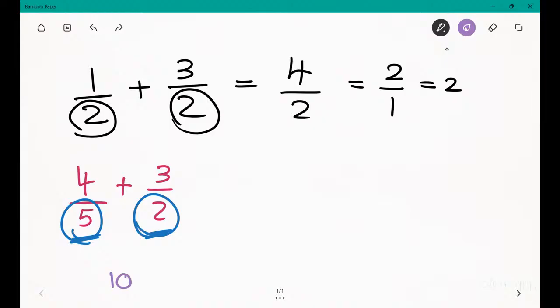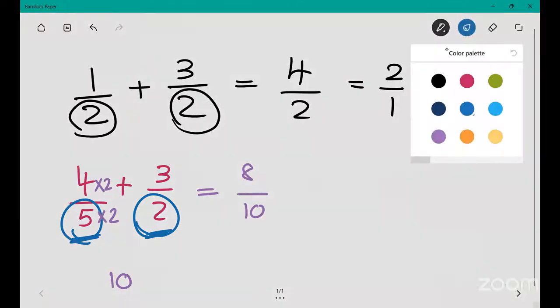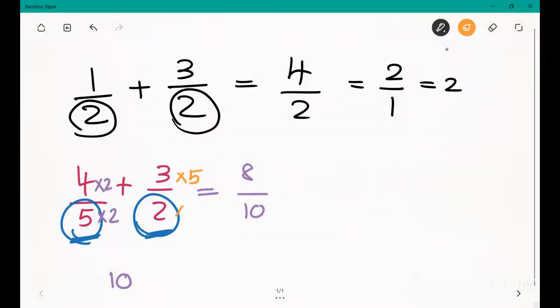If I multiply here by 2, both up and down, I will get 4 into 2, 8, and 5 into 2, 10. Multiply this fraction up and down by 5, then I get 3 into 5 is 15, and 2 into 5 is 10.